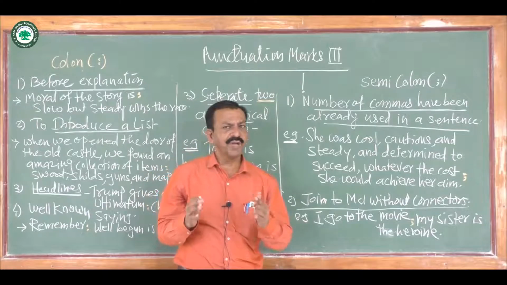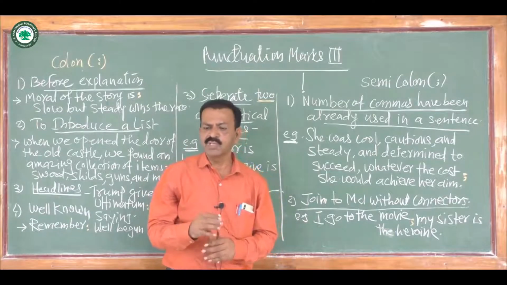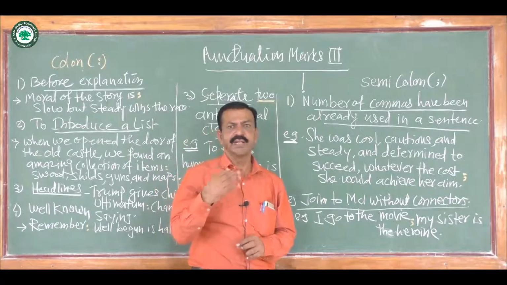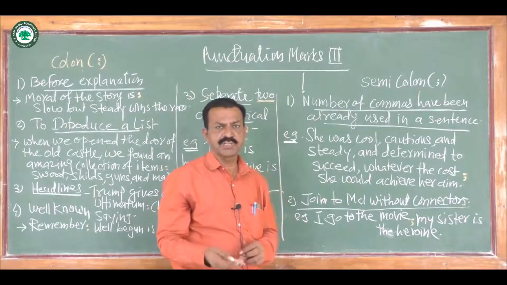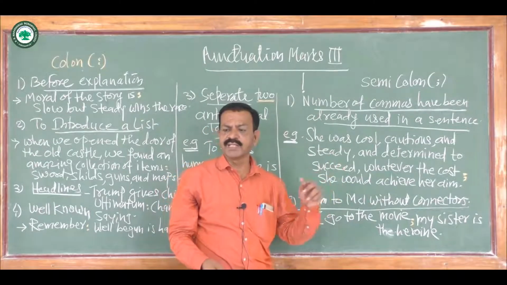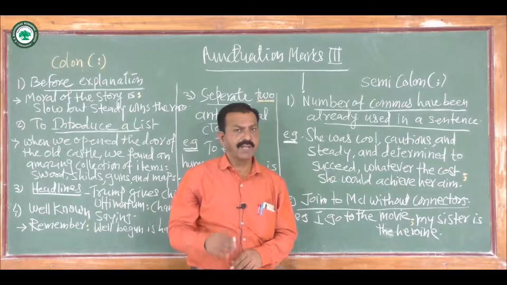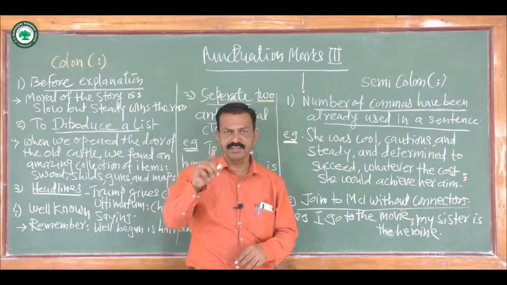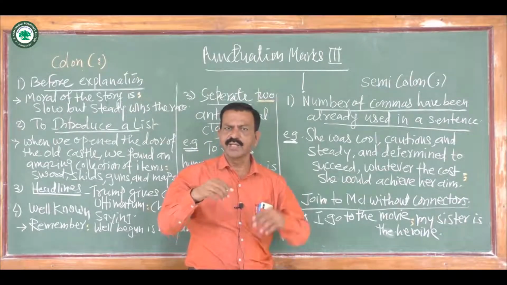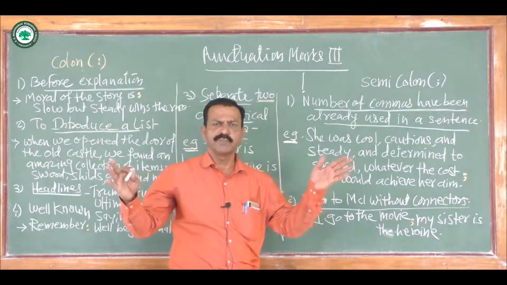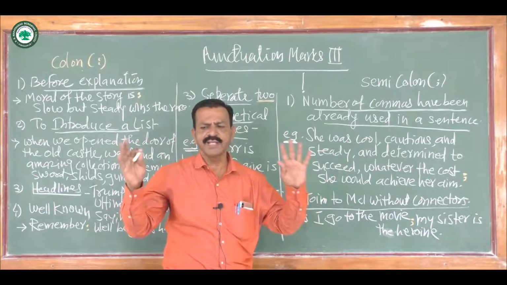So you are quite familiar with the word interjection. And generally, after interjections, an exclamation mark is used. For example, alas! Exclamation mark. He is no more. No more means he has died.